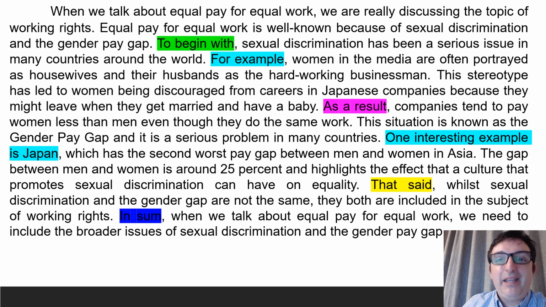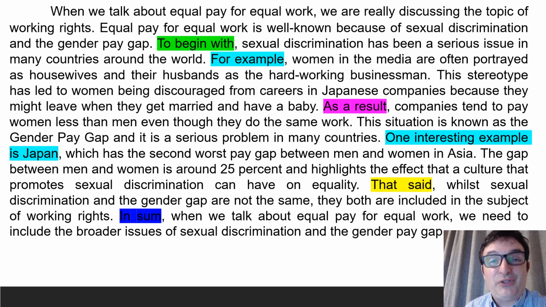For example, it tells us the next sentence is an example of why sexual discrimination is a serious issue. And if you're going to read this, you'll see that I'm talking about stereotypes and how stereotypes of the role of women has led women to being discouraged from careers in Japanese companies.